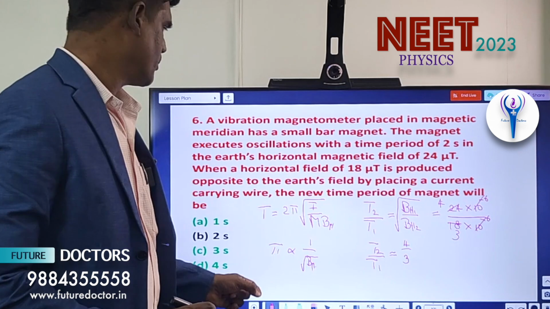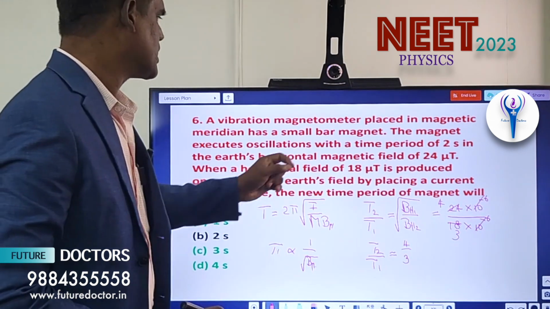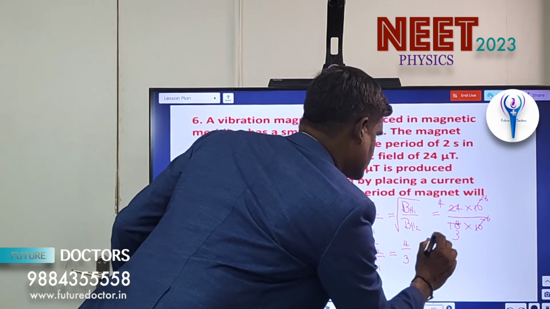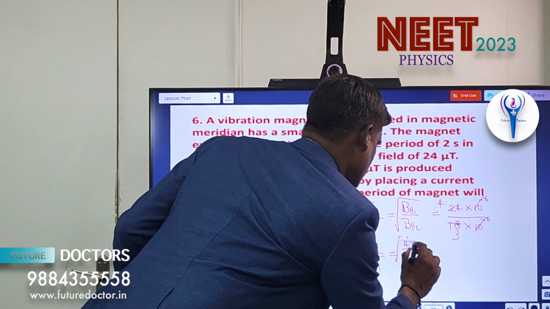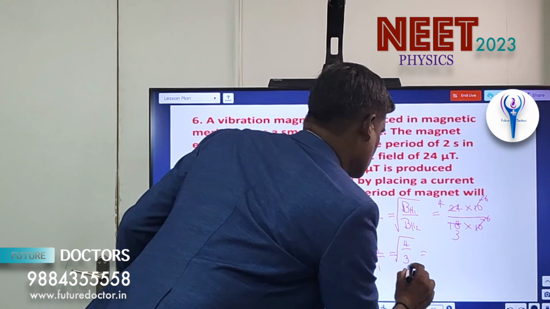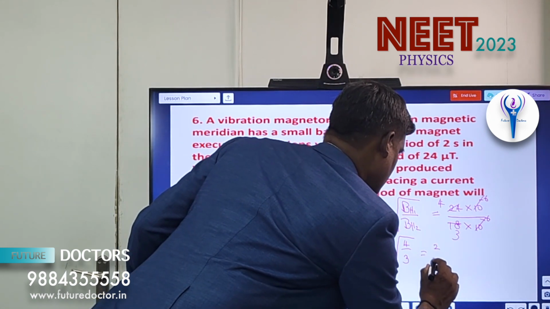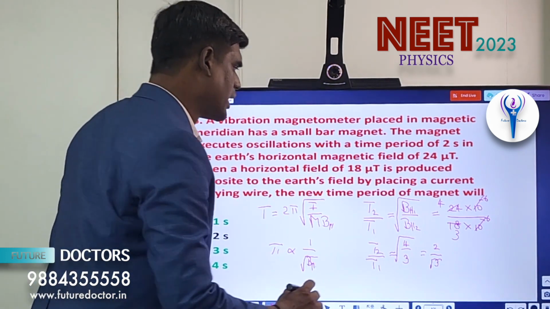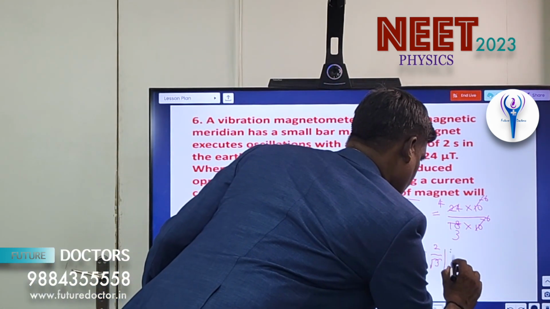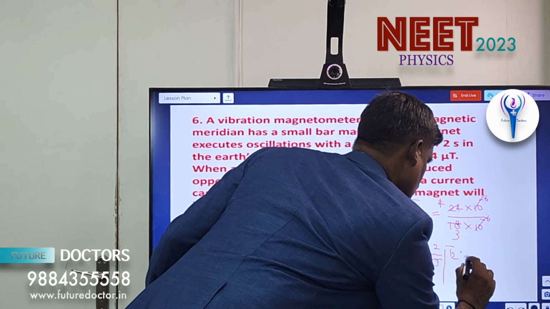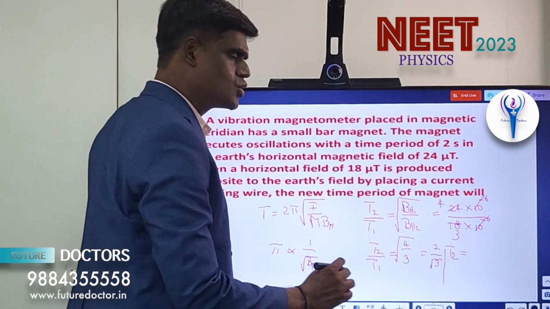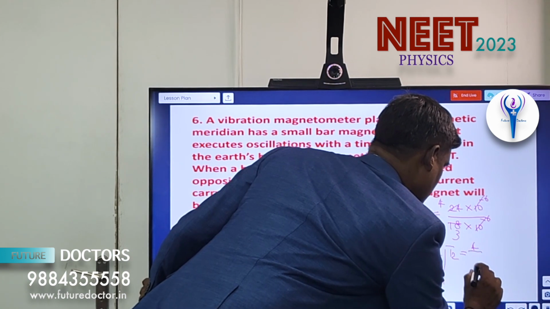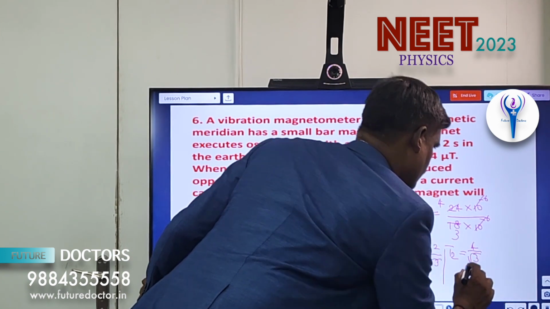T2 equal to square root of 4 by 3 into T1. Square root of 4 is 2, so this is equal to 2 by root 3. From this, T2 equal to 2 into 2, 4, so 4 divided by root 3.